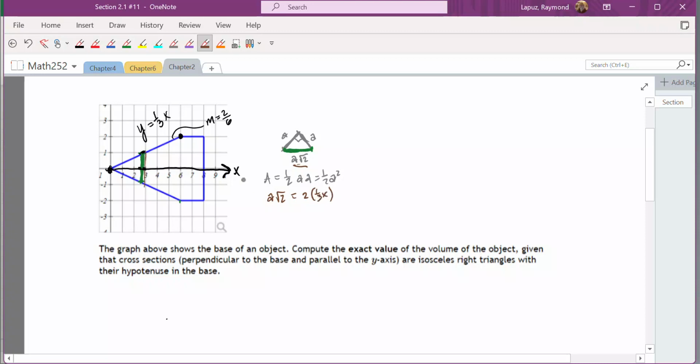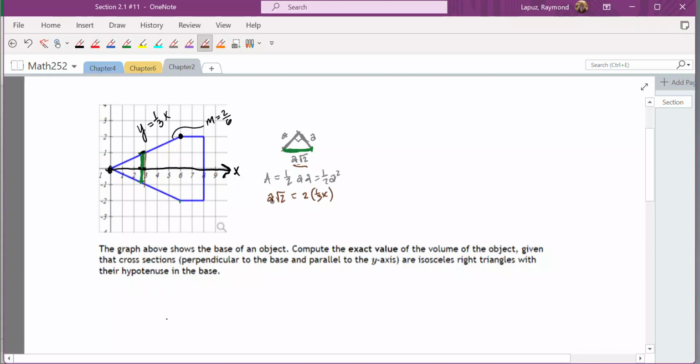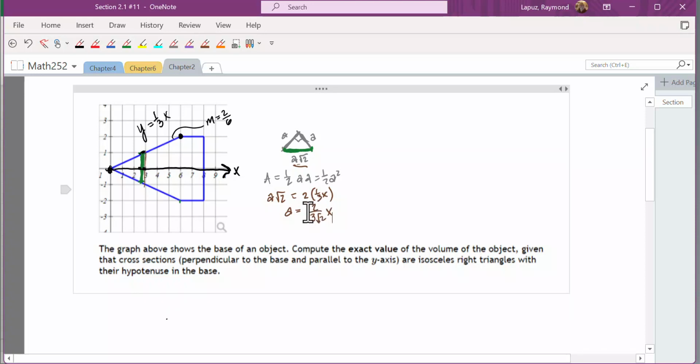So it's like twice that y value. All right. So keep in mind that our area is 1/2 A squared. So what we want to do is solve for A and write it in terms of x. So in this equation, I'll solve for A by dividing by root 2. And so this would be 2 in the numerator, 3 in the denominator, and we'll also divide by root 2. So 2 over 3 root 2 times x. So that's what our A is.